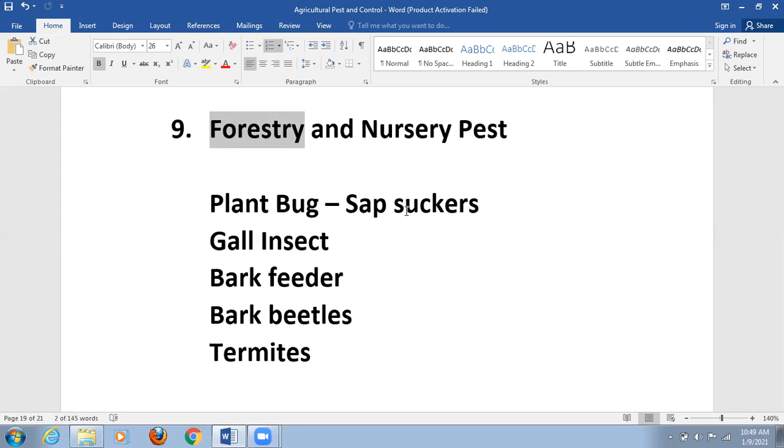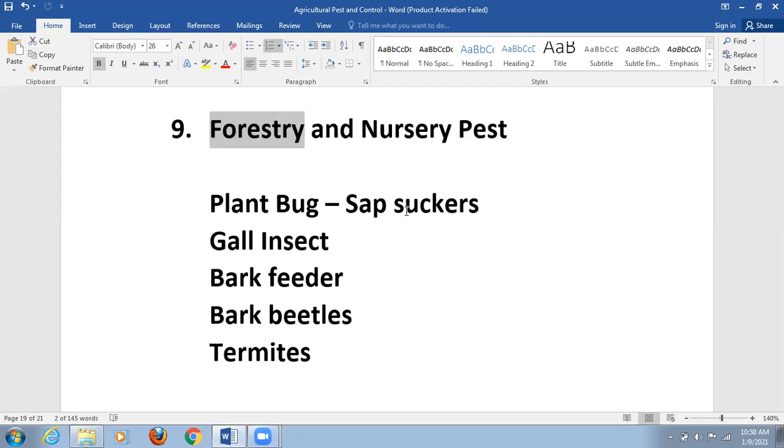That's why it is known as the stem borer, or they make a hole into the shoot of the plant, so that's why they are known as borers. So they make a tunnel inside the plant, and they also cause swelling inside the plant. And when they make a tunnel or cause swelling, then ultimately the plants are not going to survive.